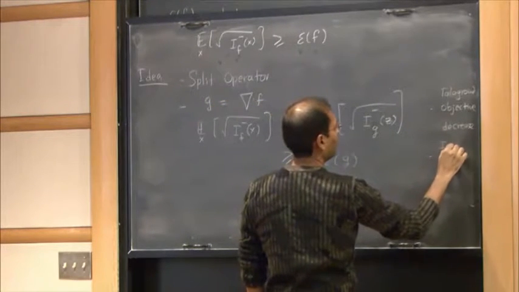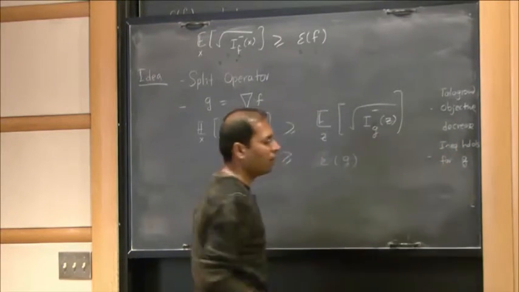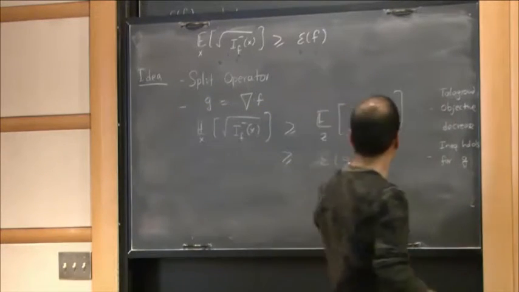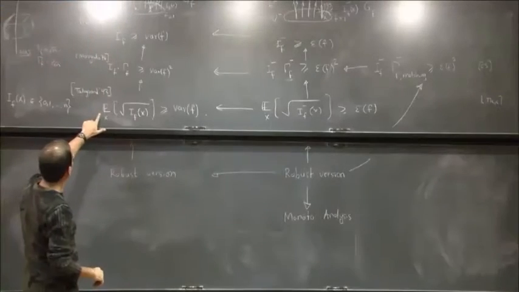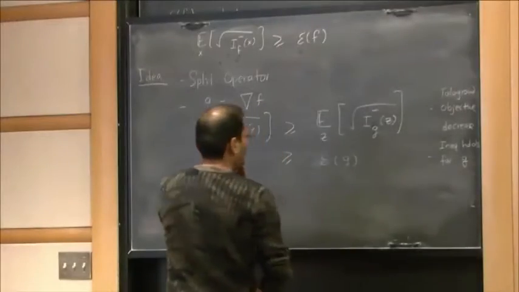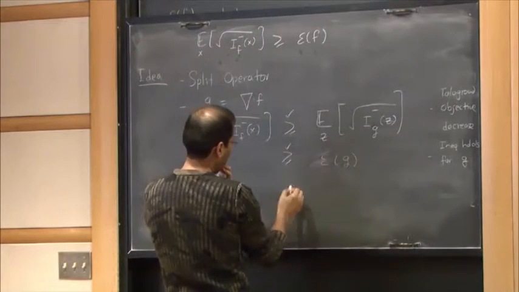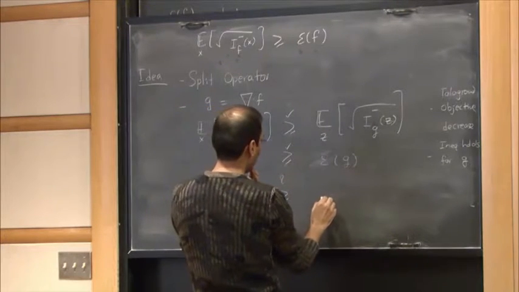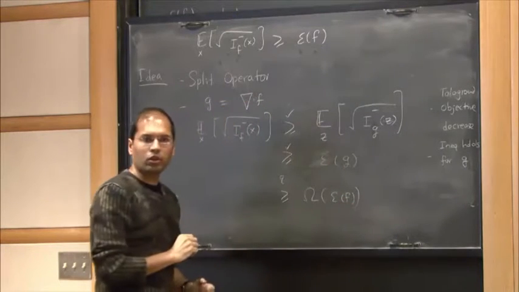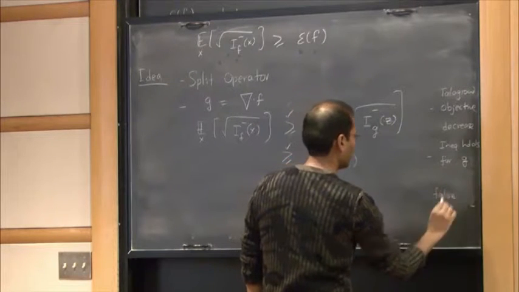The inequality holds for g in the sense that g is a simple enough function that you can do it. In fact, it just follows by using the original Talagrand. These two steps are correct. And then maybe one would hope that this is at least comparable to the distance to monotonicity of the function f. But this is false in general, and one needs to get around this.